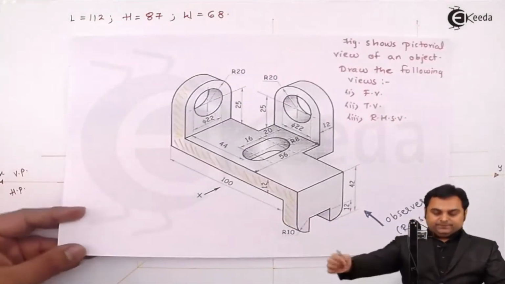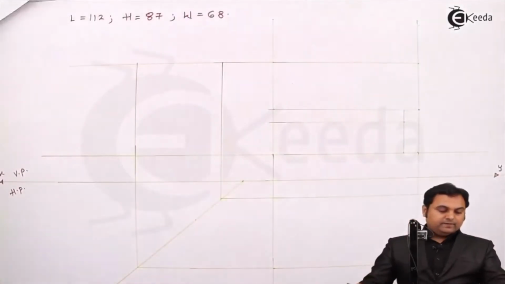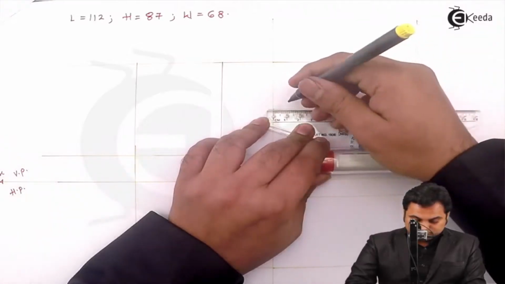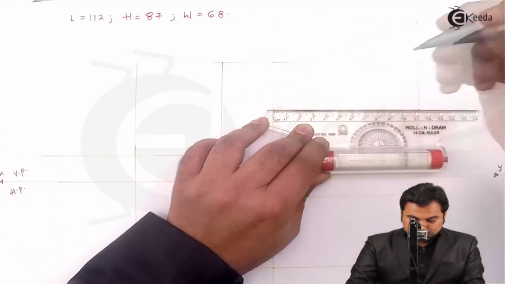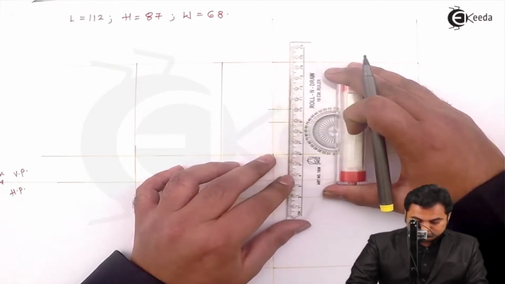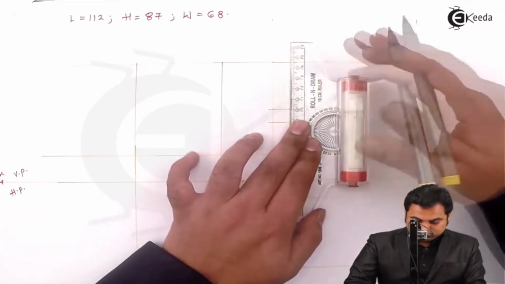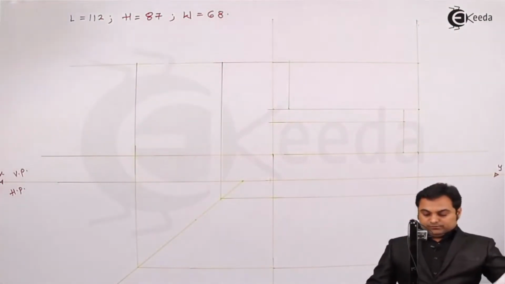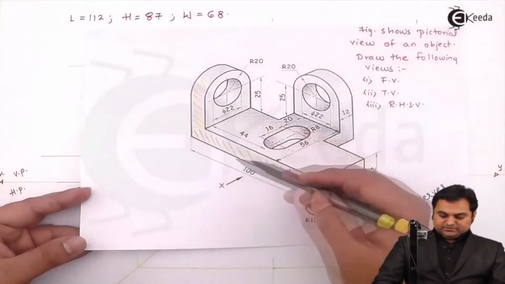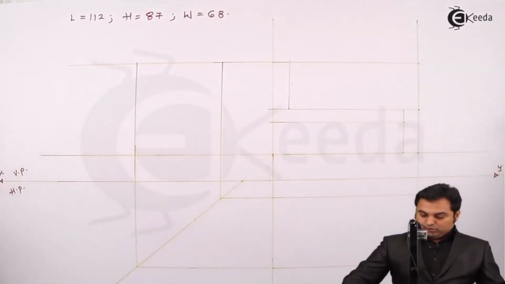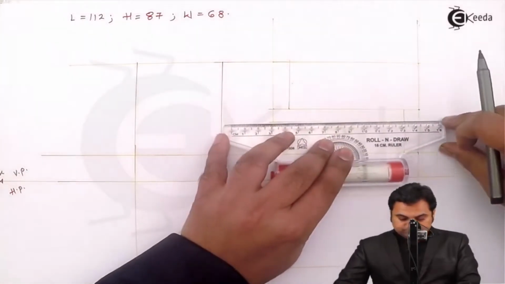From the other side, this plate has a height of 12. Now, as this plate is visible first, I can directly make it dark to avoid any confusion.